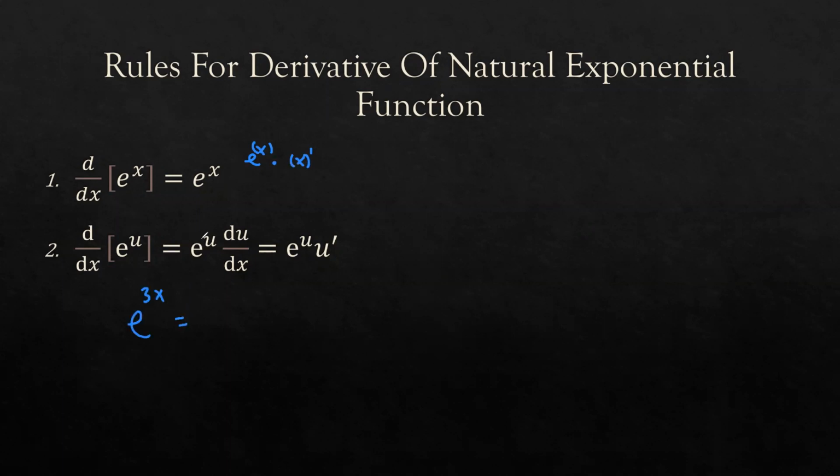It's e to the u, which in our case, our u is 3x, times du dx. What is du dx? It's the derivative of u, which is 3. So it's e to the u, whatever your u is, times the derivative of u. Okay, that's all.